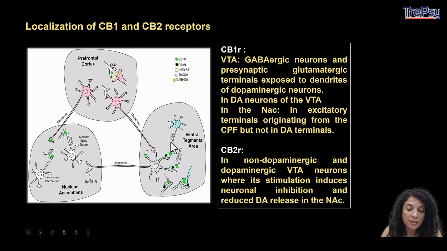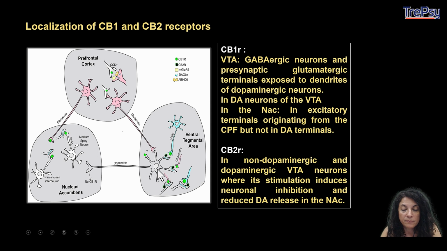So in the VTA, GABAergic and glutamatergic neuron terminals are exposed to the dendrites of dopaminergic neurons and can modulate the release of GABA and glutamate.